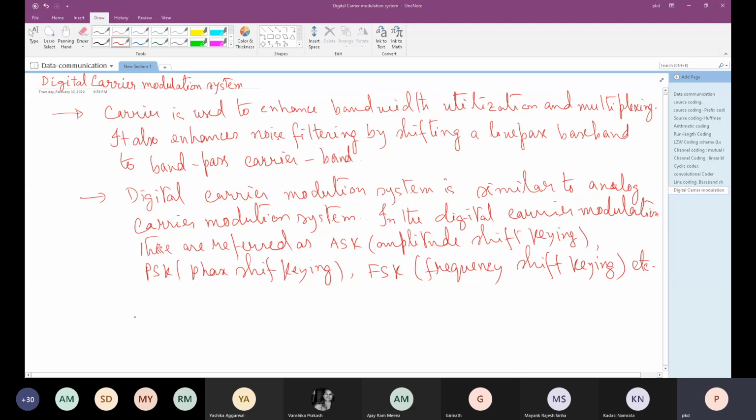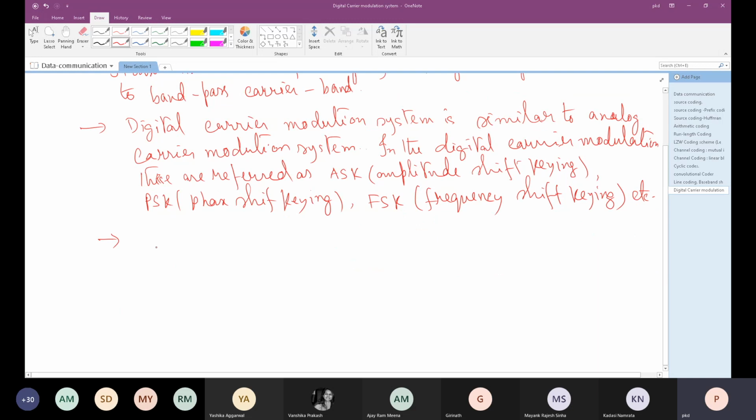So generally, like in the analog, here also we have two basic types of modulation and detection. That is, one is coherent, another is non-coherent.